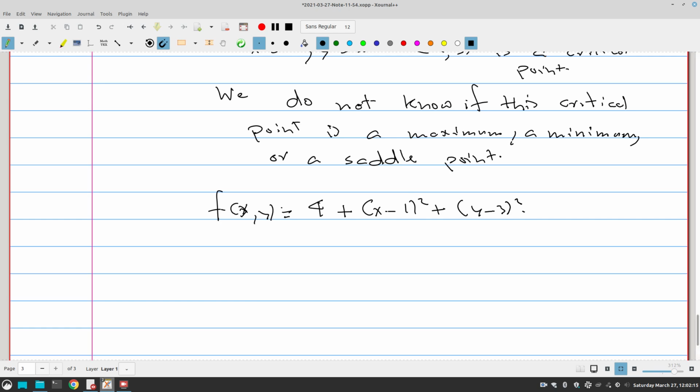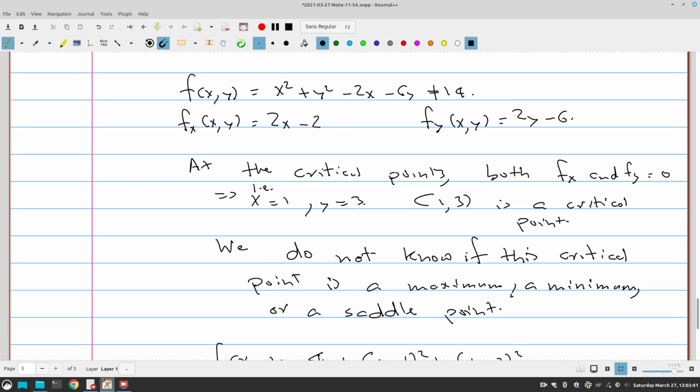Right, so if that is the case, at the critical point, f of xy equals 4.